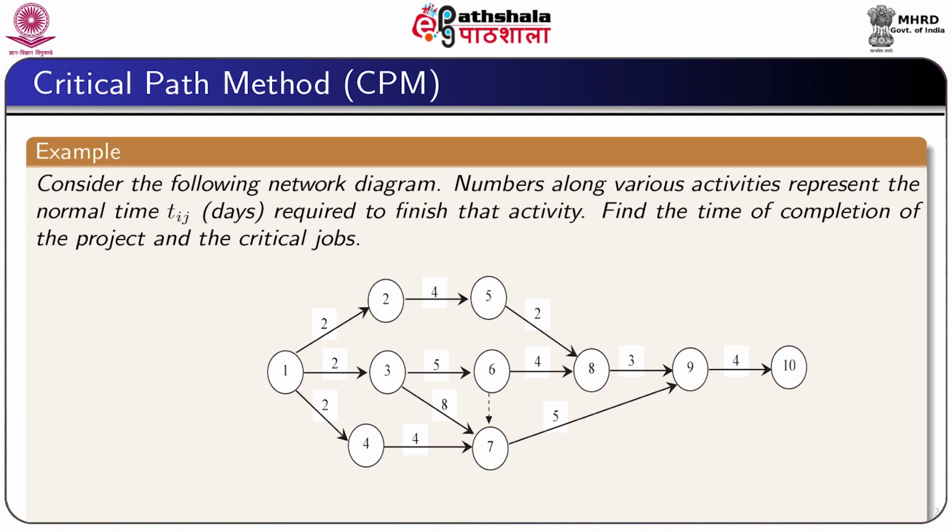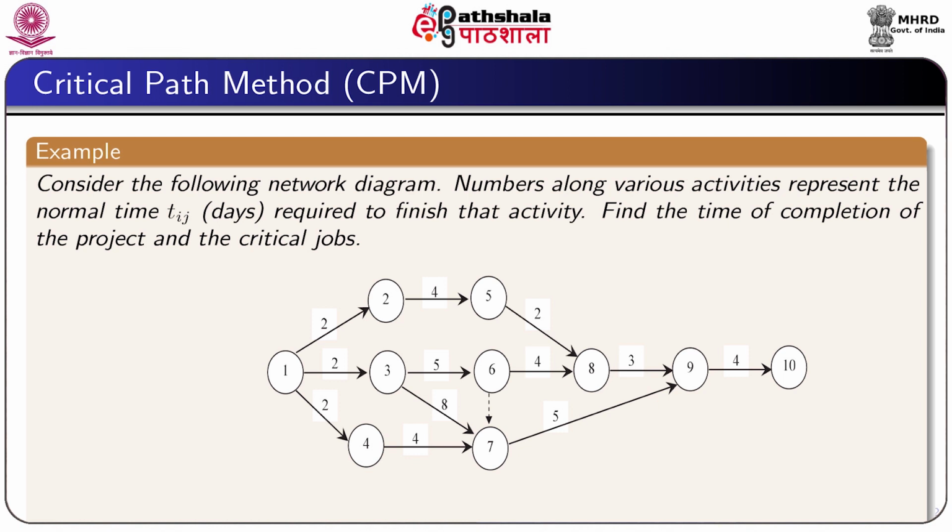Now, we will proceed to see how the critical path method can be applied to a network problem to determine the critical path and critical activities of the project as well as the duration of the project. Consider the following network as shown in the slide.